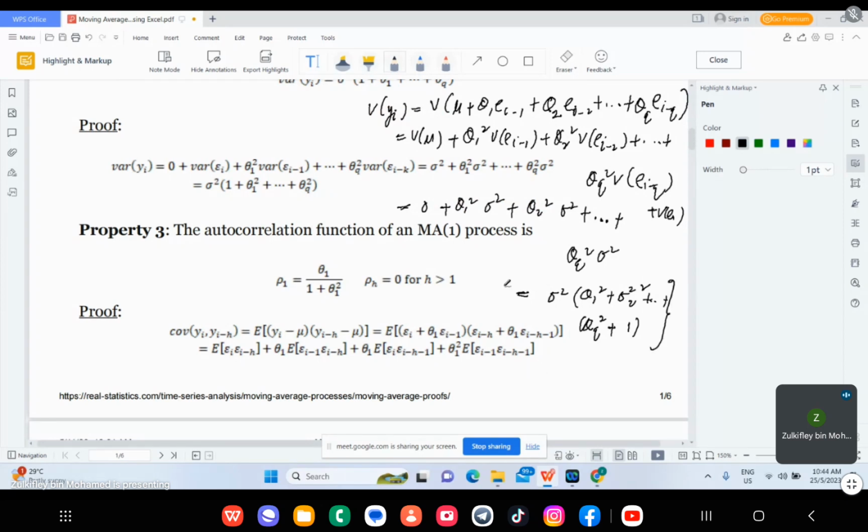So the same as this one, this one plus the variance of epsilon I is sigma square.